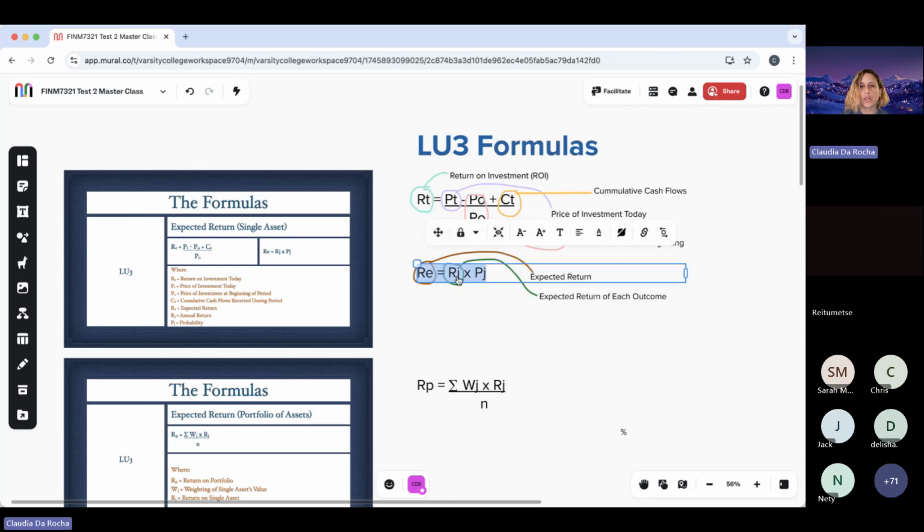And what I should also include here on this one is just the sum sign, which I didn't include, because you're going to be adding all your different probabilities.